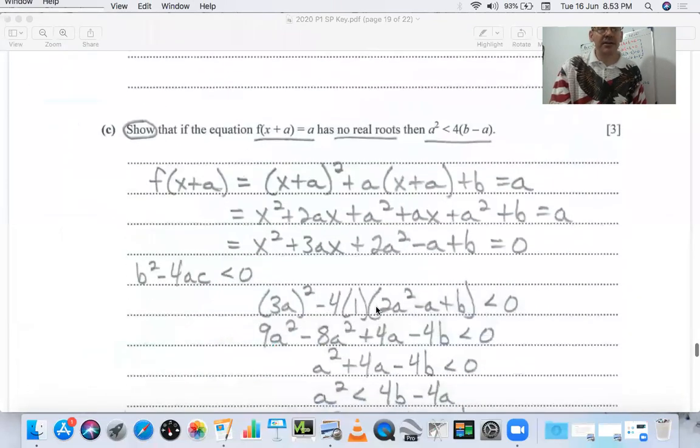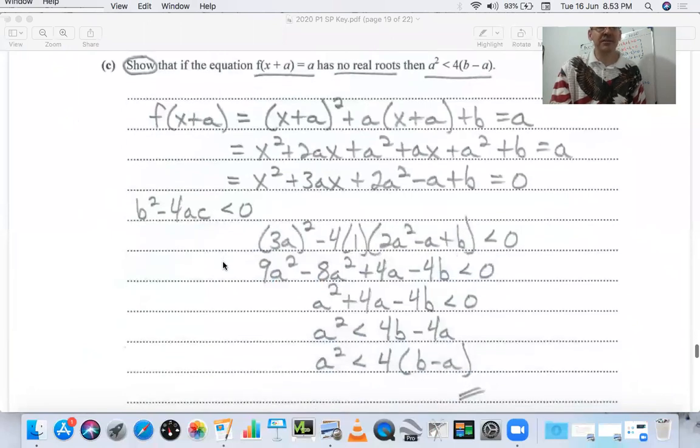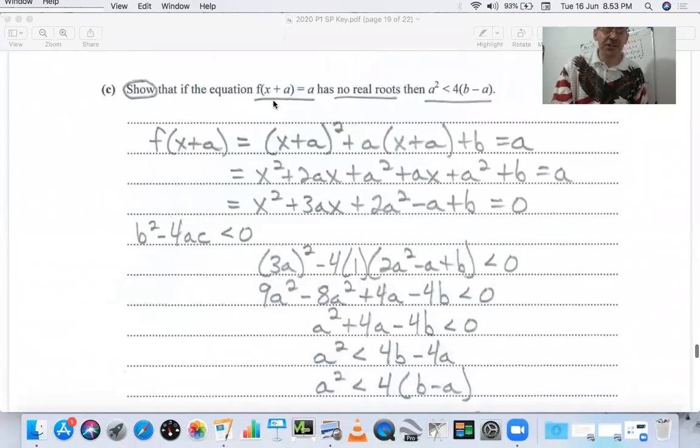Now we move on here. Show that the equation, so our function evaluated for x plus a equals a. So when we put x plus a into our x squared, we now have x plus a, and this is going back to the original.